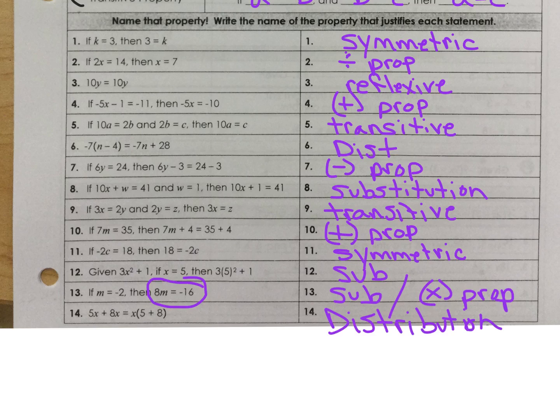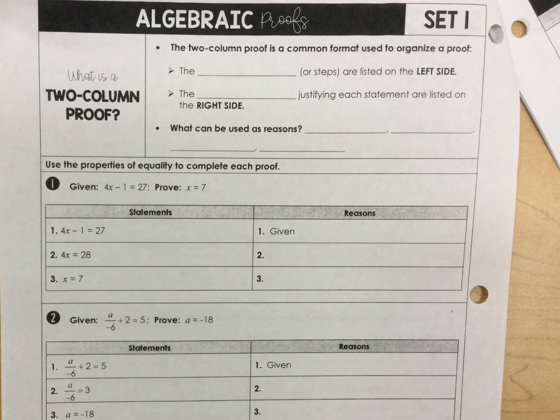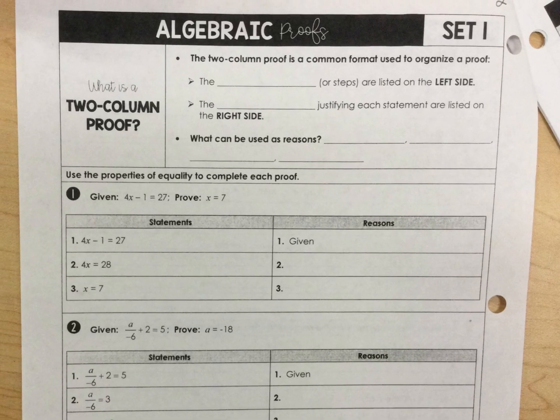Okay, so this is all setting us up to do 2-column proofs. The left side are steps, the statements, that should be statements. Sorry, is on the left side. And the reasons justifying each statement are on the right side.